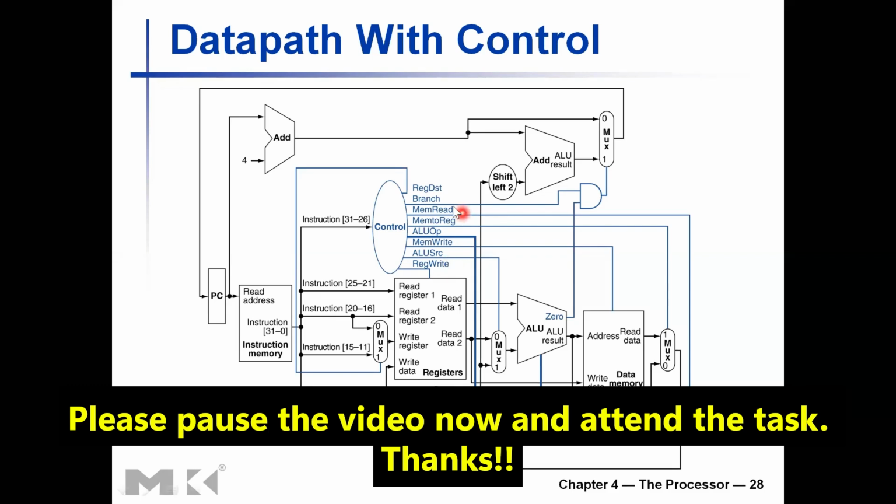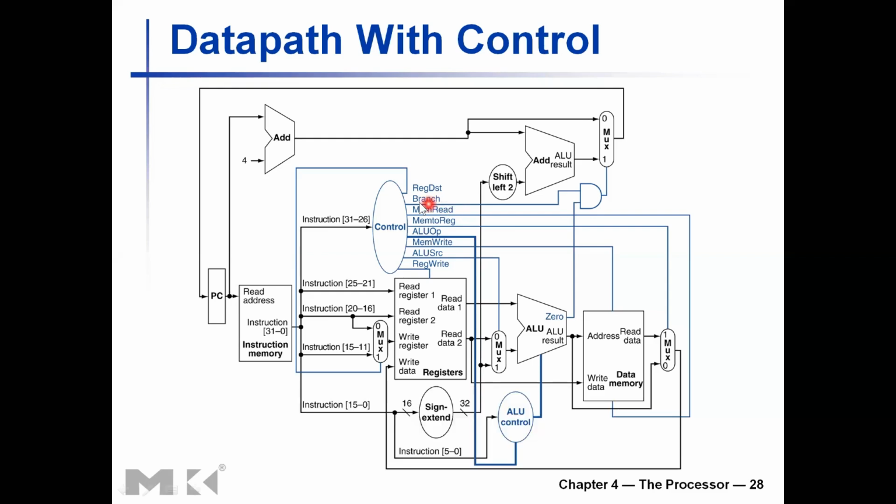Okay, can someone tell me the second signal that you're seeing here after register destination? The second one is branch. What is the purpose of that? Just in a few words.